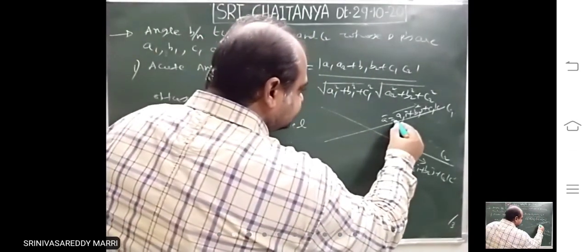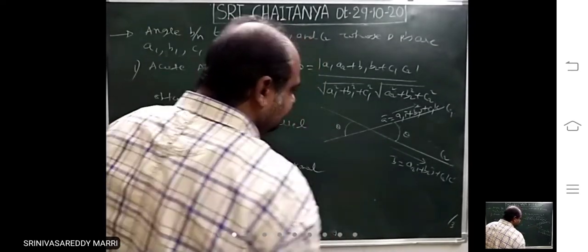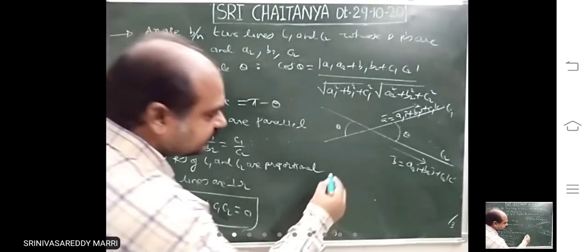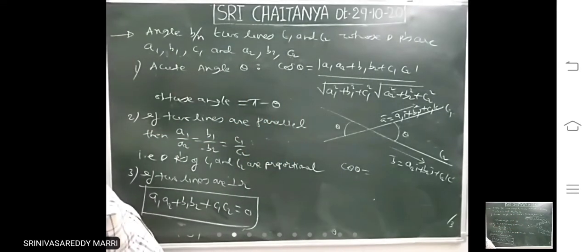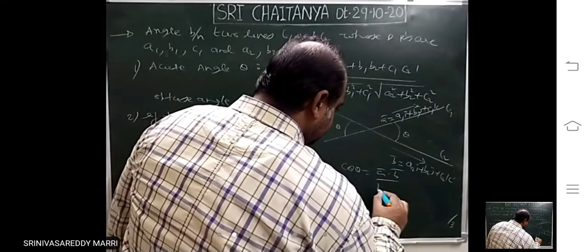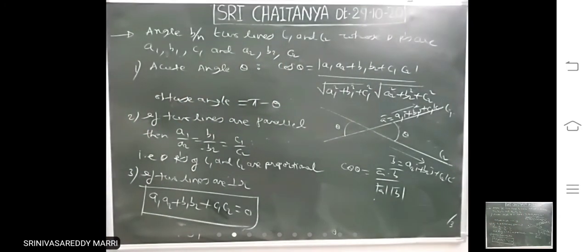Now let us say this angle is theta, the angle between A bar and B bar. If you write cos theta, what is the formula? A bar dot B bar divided by modulus A bar into modulus B bar.